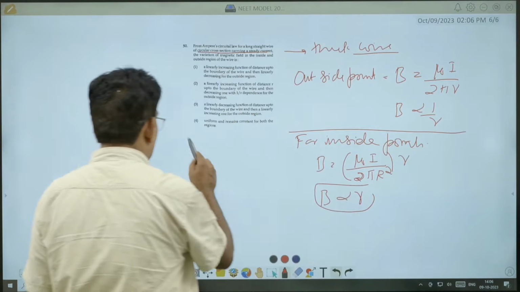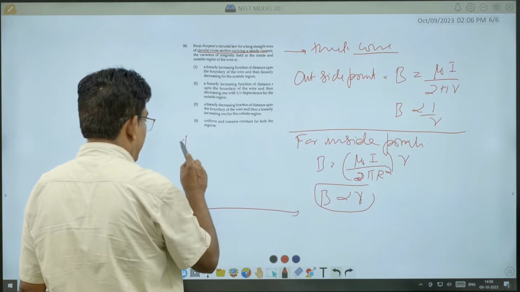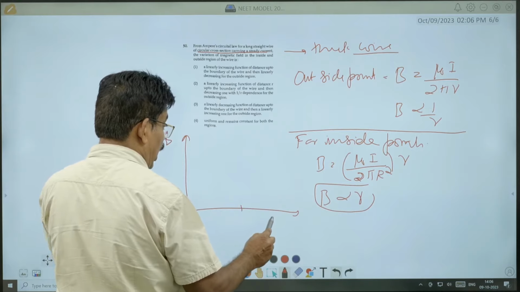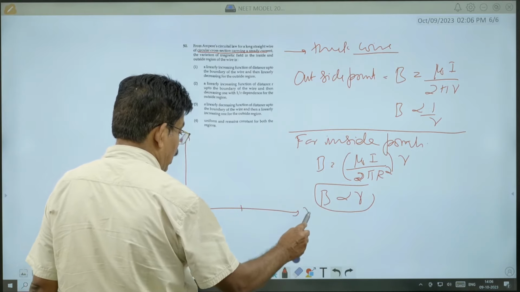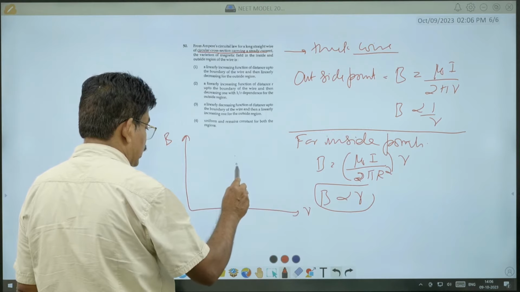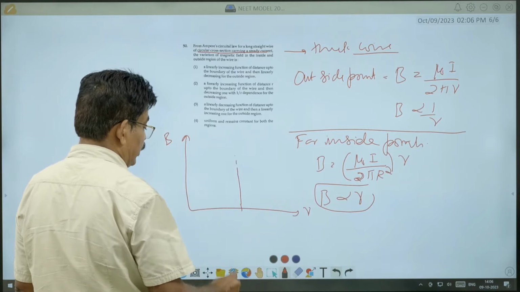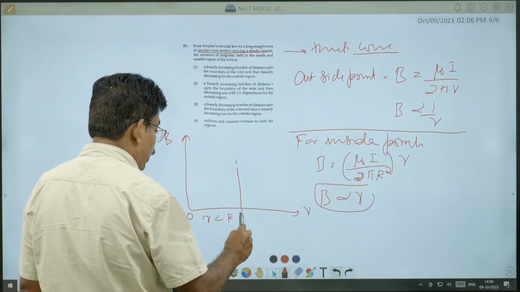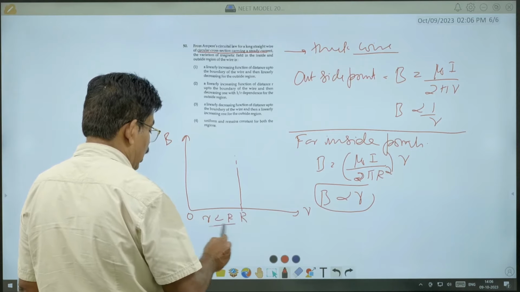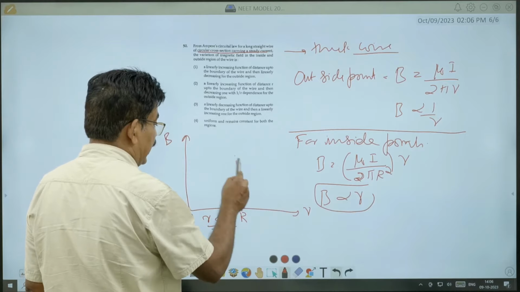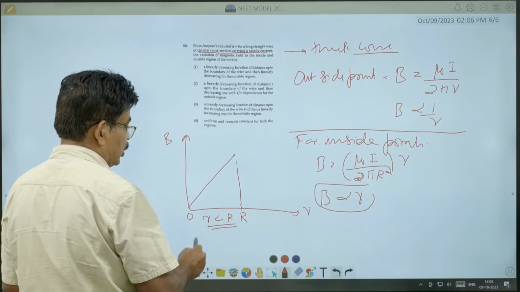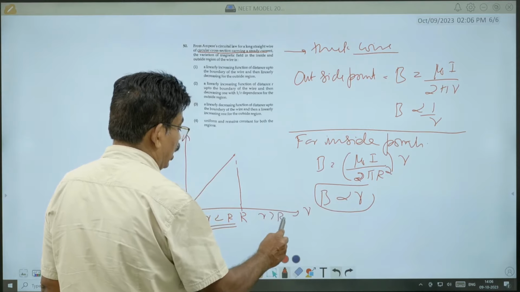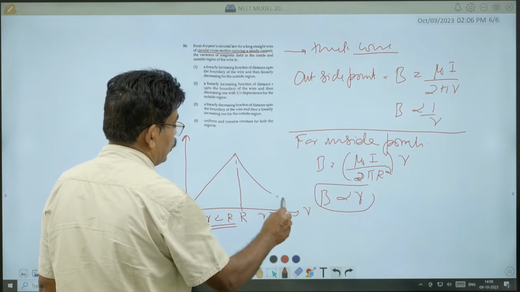If you draw a graph of the magnetic field for a thick conductor of radius R as a function of distance, for r less than R inside, it is directly proportional and the graph is a straight line. For outside points, r greater than R, it is inversely proportional to r.